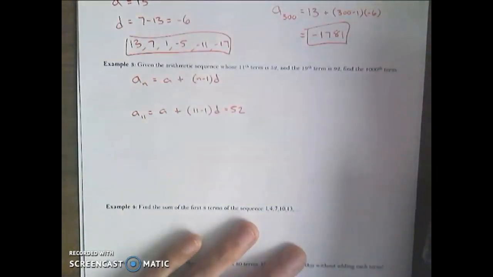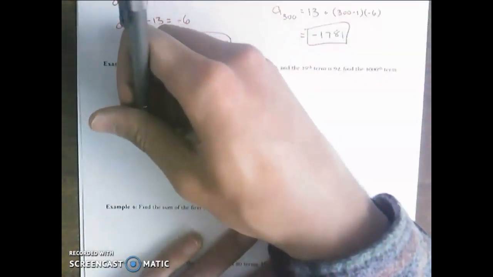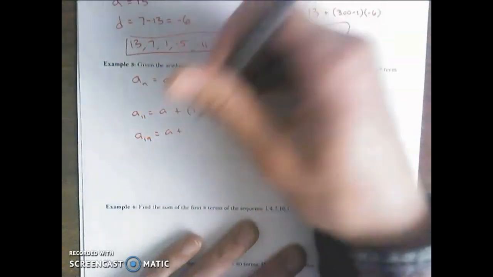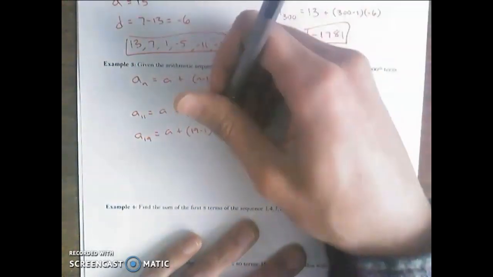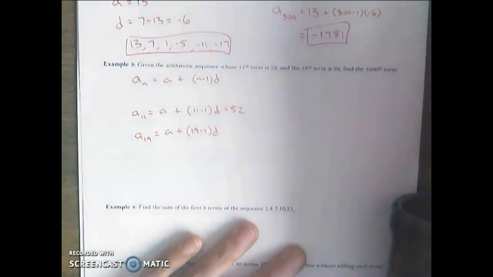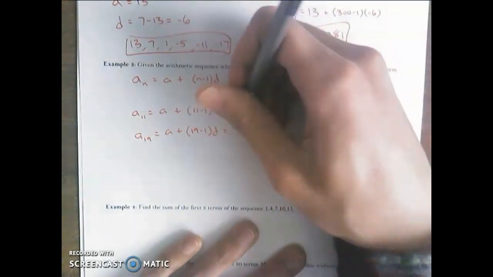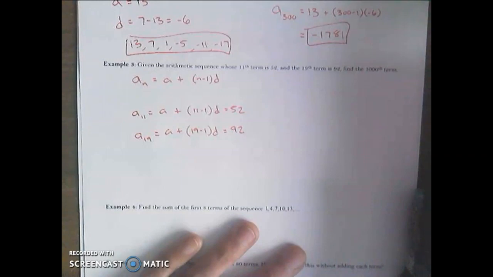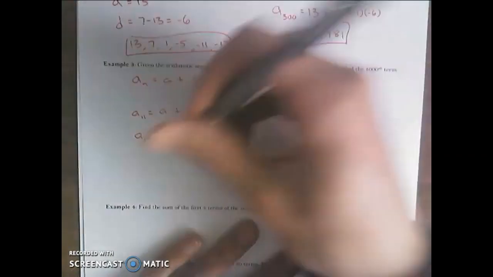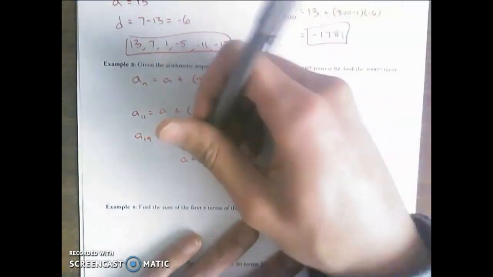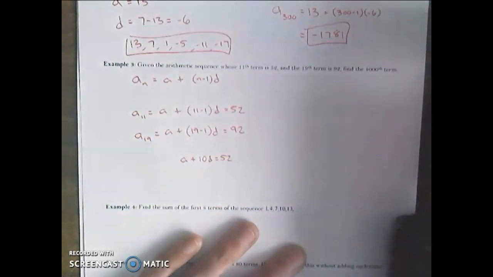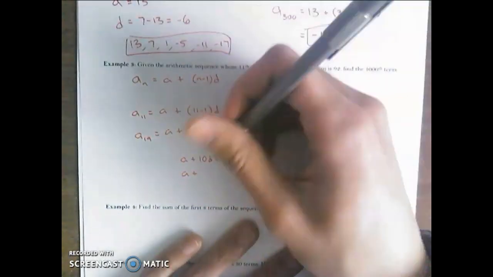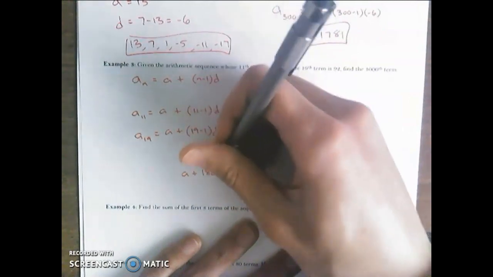We also know that the 19th term, a19, is a plus 19 minus 1 times d, which we don't know. That's equal to 92. Simplifying these 2 equations, we have a plus 10d equals 52, and we have a plus 18d equals 92.